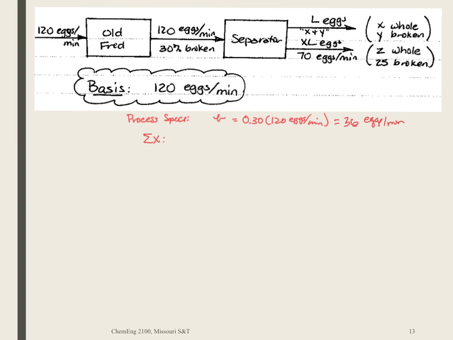I could use any of these, but a plus 36 equals 120, and therefore I could solve for a. And then I also have z plus 25 equals 70, and so I can solve for z.